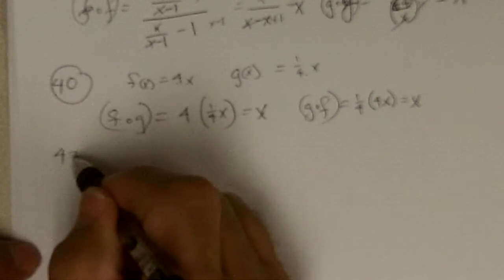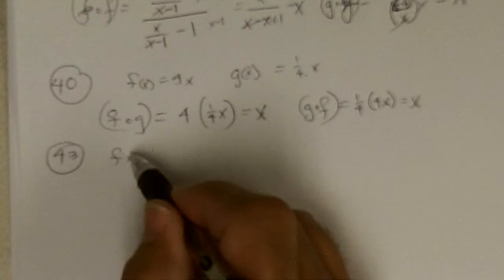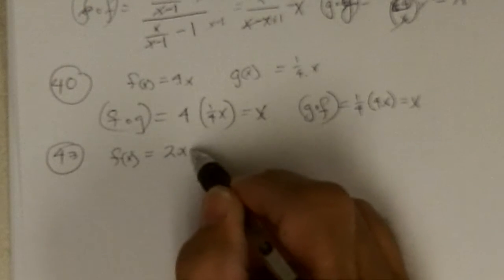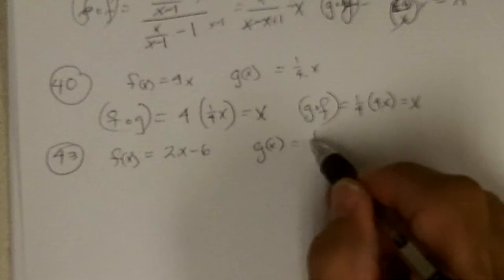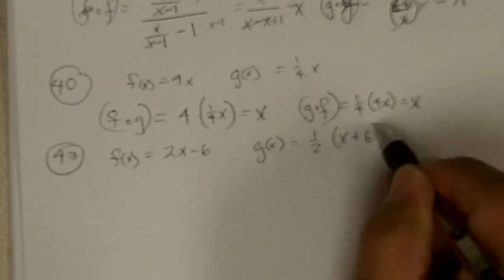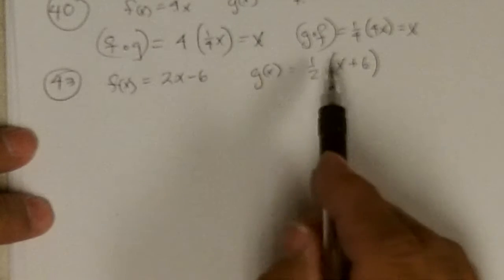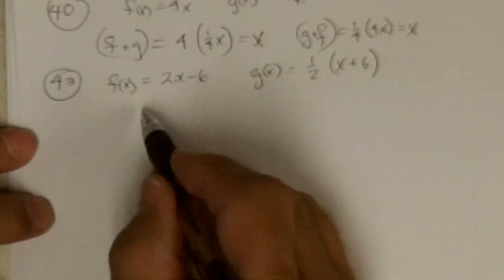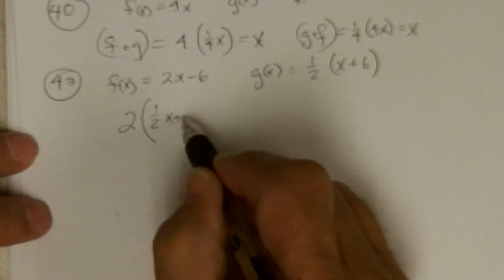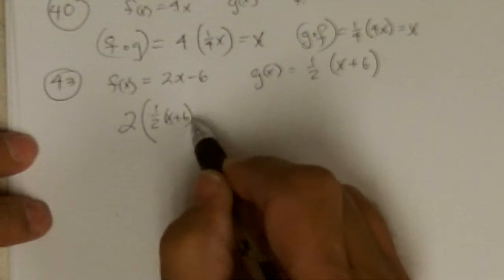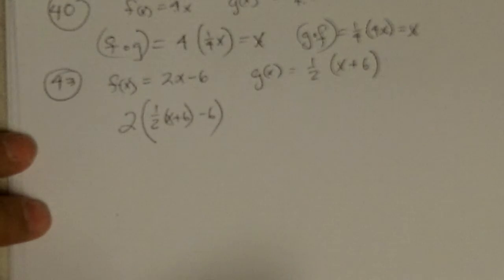And then 43, doing the same kind of stuff here, only I'm going to use f as 2x minus 6 and g as 1/2 of x plus 6. So first we'll put g into f, g in for those x's, so I'm going to get 2 times 1/2 of x plus 6 minus 6.